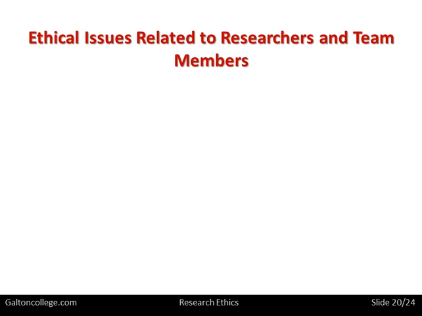And there are ethical issues related to the research team and to the members. Research in business may involve safety issues. If it's the construction industry, the researchers' safety on building sites may be an issue. Researchers working in manufacturing may have issues of safety. They need to be trained in how to conduct themselves on the premises to ensure their safety.